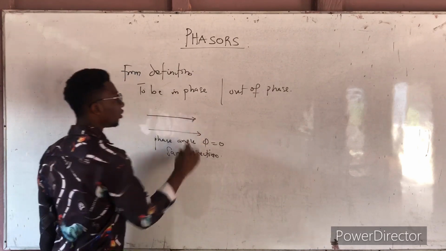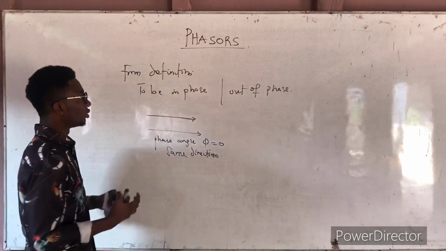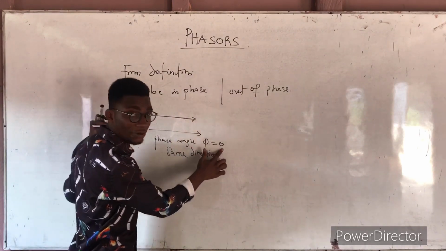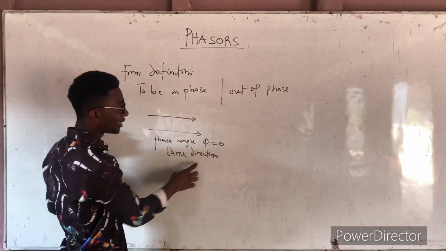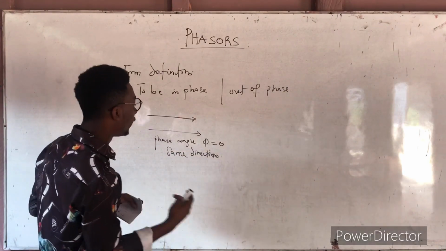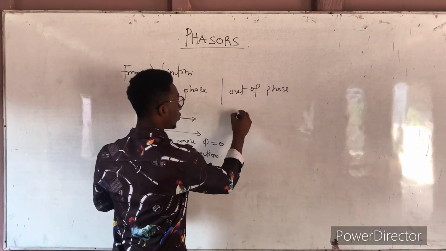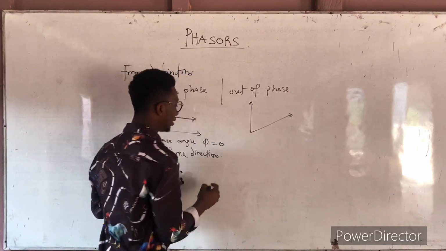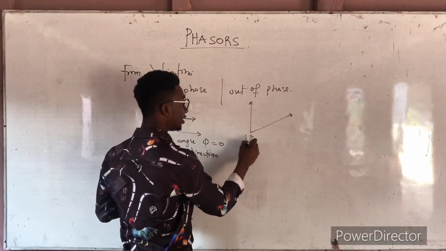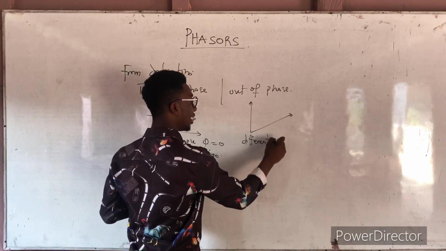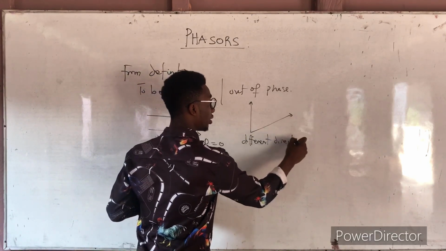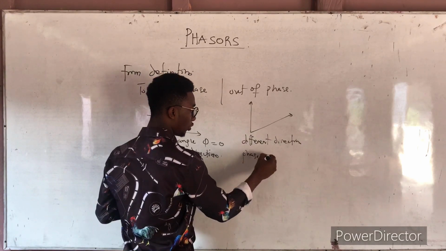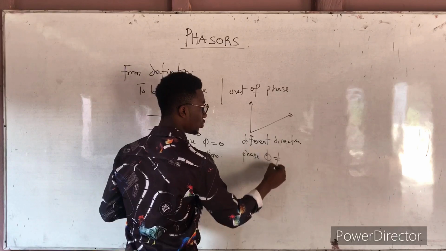So we say they are in phase when one, their phase angle is 0, and two, when they point towards the same direction. They are out of phase when they point towards different directions, and two, their phase angle is not equal to 0.